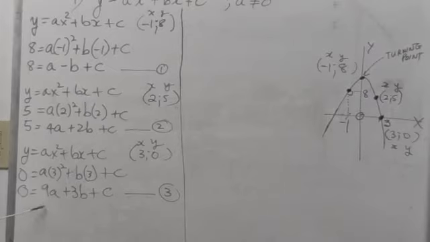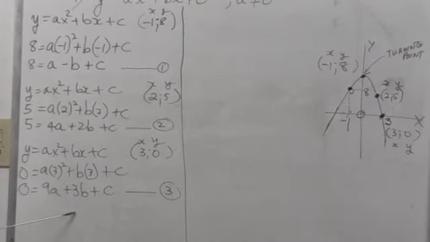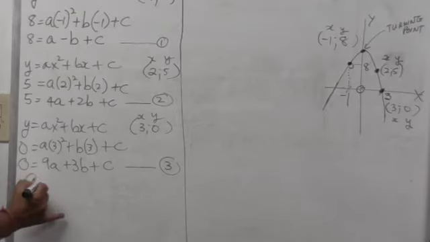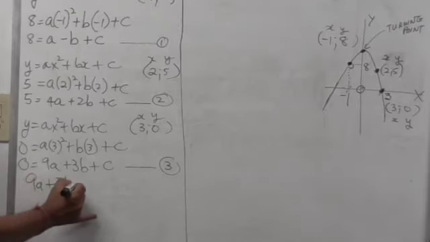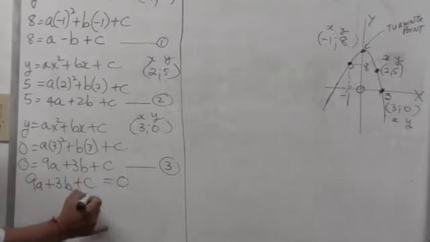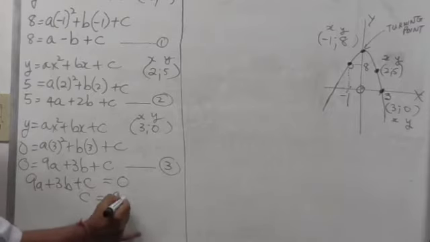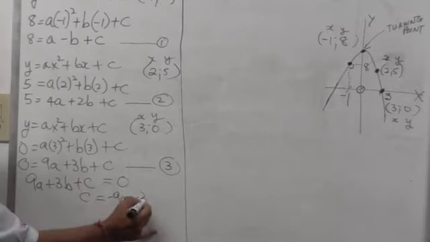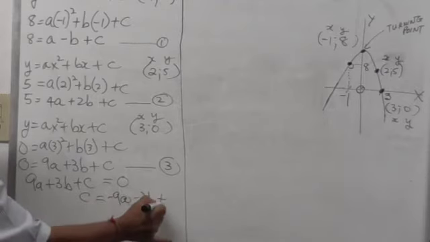Now if you look here, you'll see that it is very easy to solve for c. Because I can write this as 9a plus 3b plus c is equal to 0, and then say that c is equal to, take the 9a that side, minus 9a, take the 3b that side, minus 3b, plus 0.